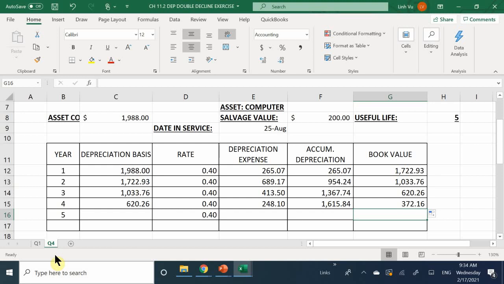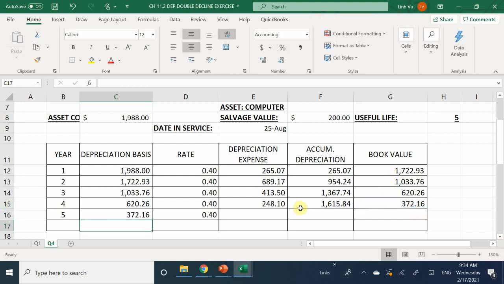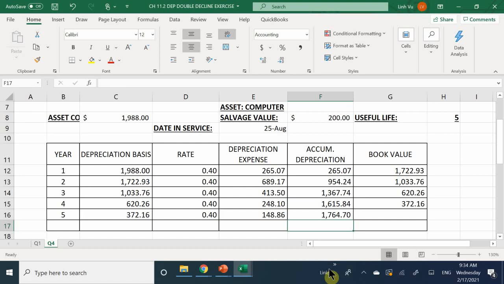Yes, we can. So now let's go ahead and solve this part right here. 372.16. Okay. What's 40% of 372.16? 148.86. Okay, bringing my accumulated depreciation to be 1764.70.